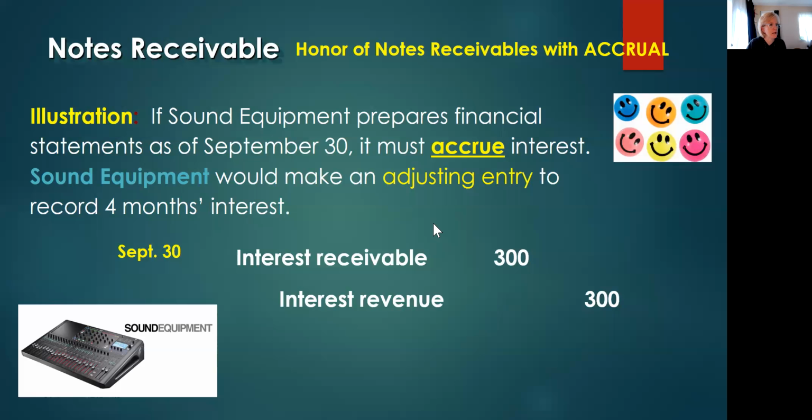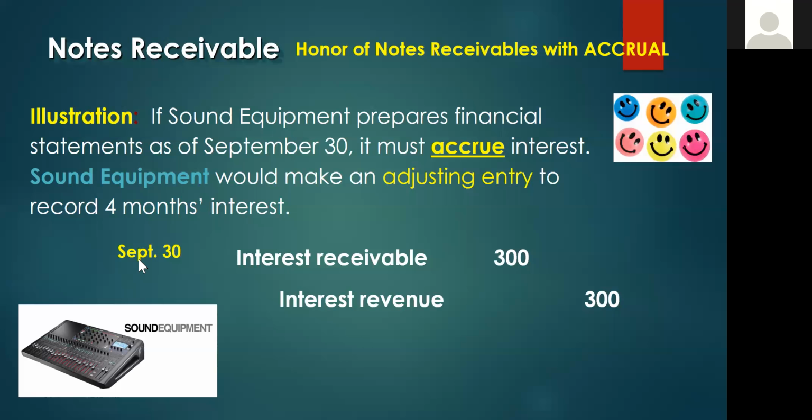Okay, I'm going to change slides. Wait, can you explain that one more time? Which part of it, Peter? Like the second part, like what you just said. Okay, so if you issue financial statements before the note is due, so this company is issuing financial statements September 30th, maybe they're quarterly statements, okay?